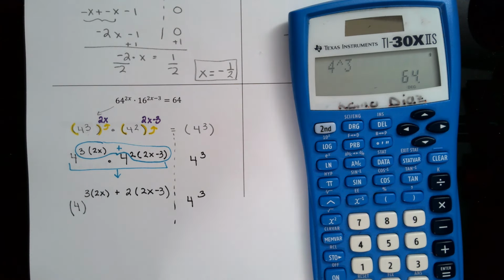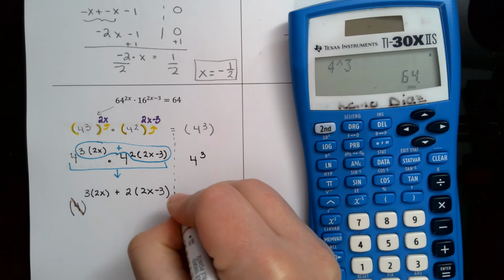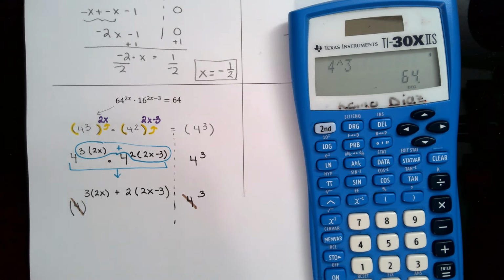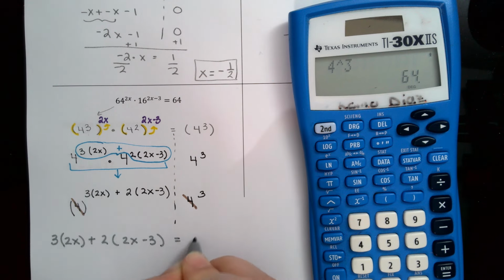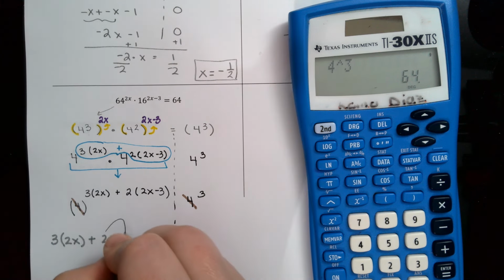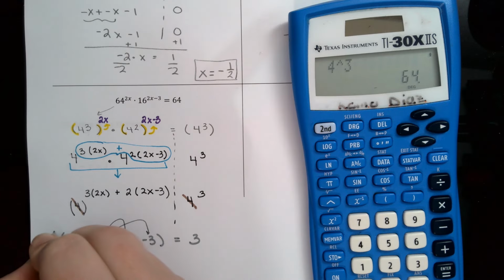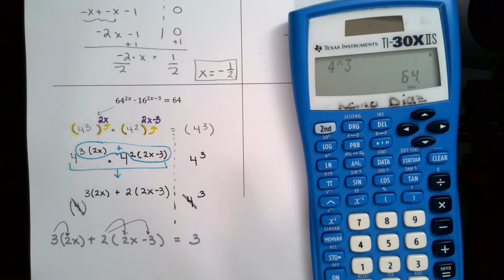Now in this section, yes, we do have a one-to-one relationship. Here's 1, 4 here, 1, 4 there, which means I can remove them, bringing down my 3 times 2x plus 2 times 2x minus 3 equaling a positive 3. Now for here, you do need to distribute this 2. Here is just times the 2.